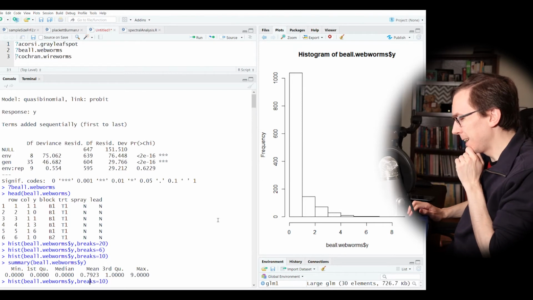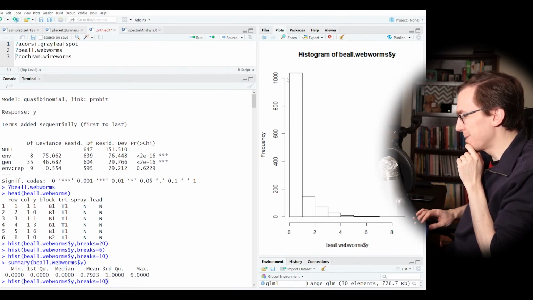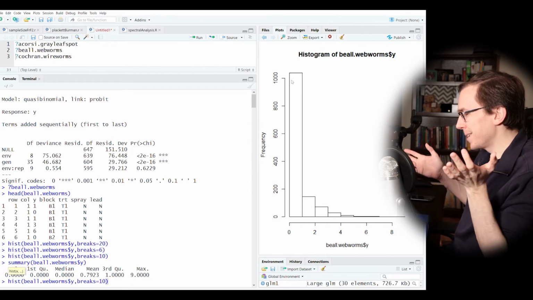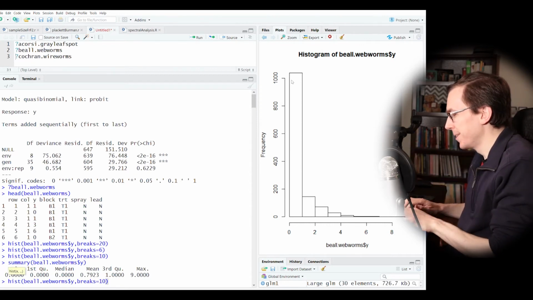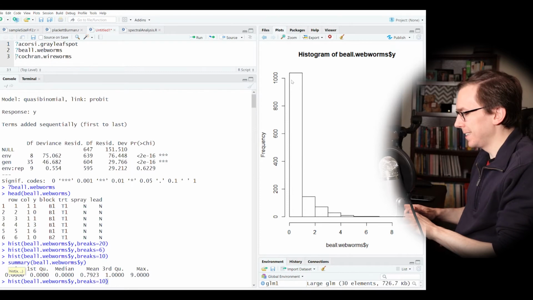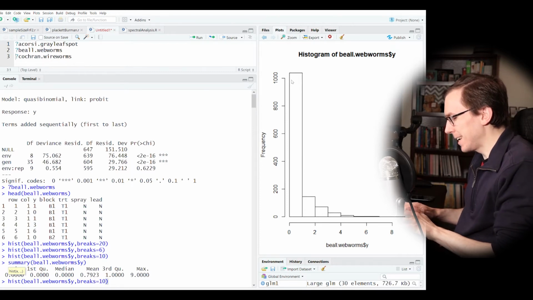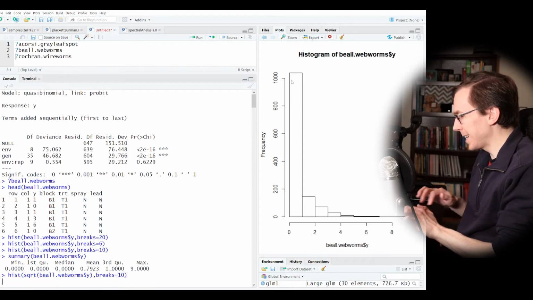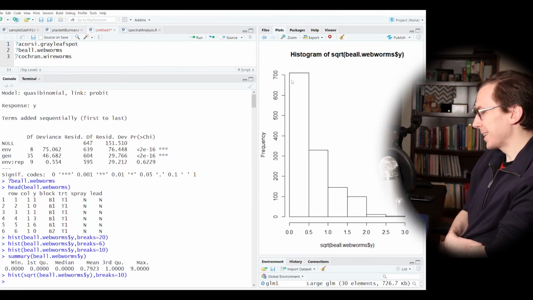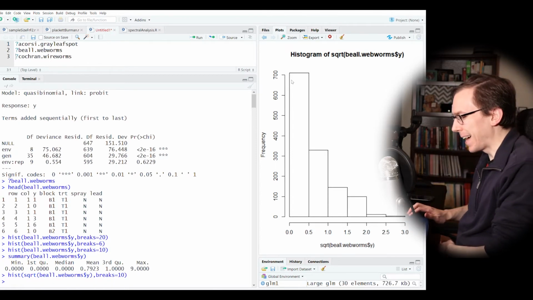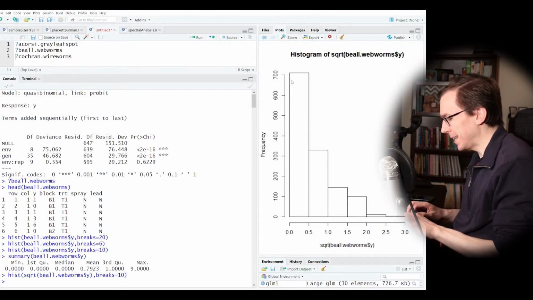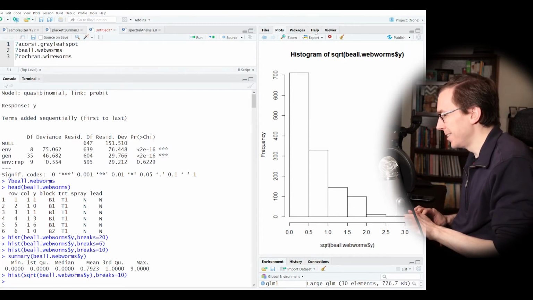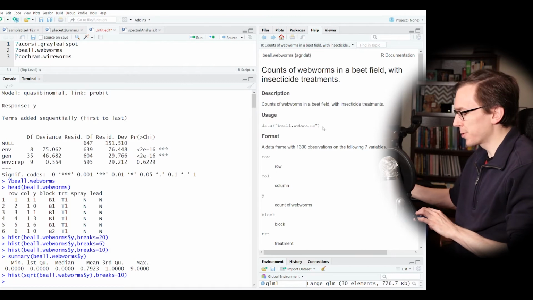In this case, I'm not too optimistic that it will work, because it looks like a Poisson with an extremely small rate parameter. So I don't think a square root transformation is going to make this look any more normal, but we can try it anyway. Yeah, that doesn't really help. So we'll forget that and note that we can't actually do any useful transformations here.